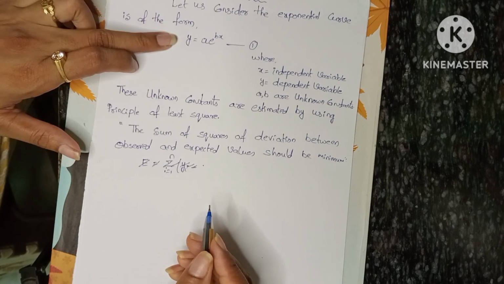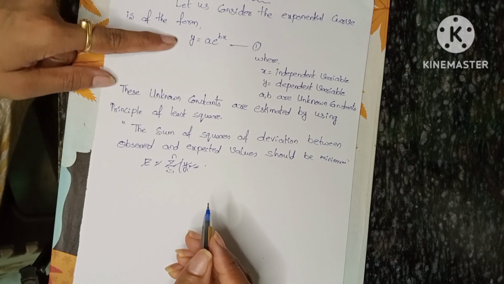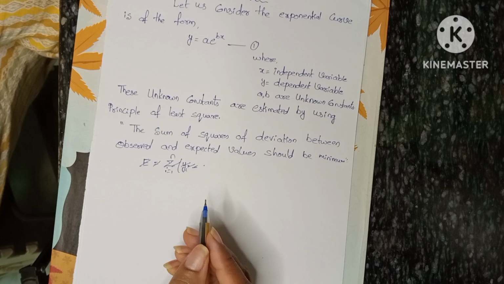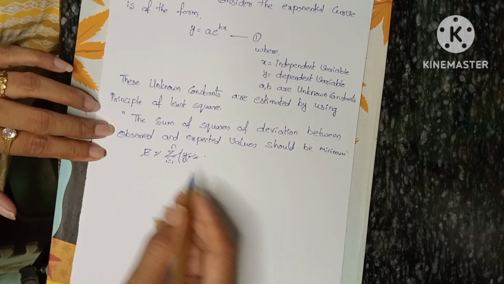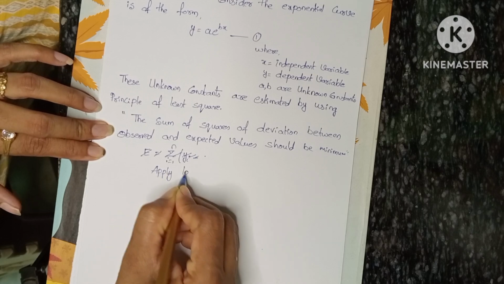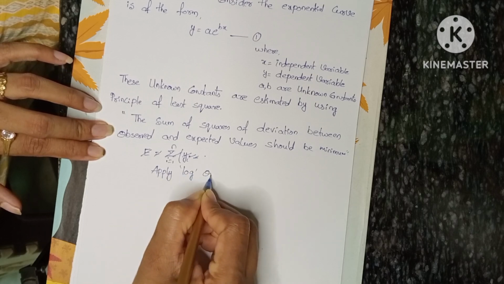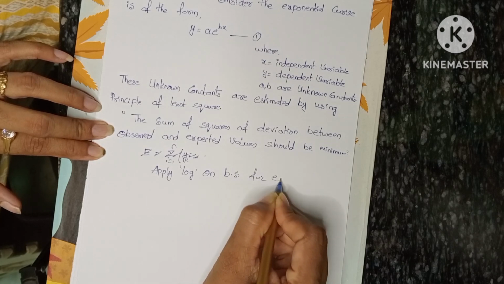It is not in the form of a straight line. So we have to change equation 1 into the form of a straight line. For that we have to apply logarithms on both sides of equation 1.